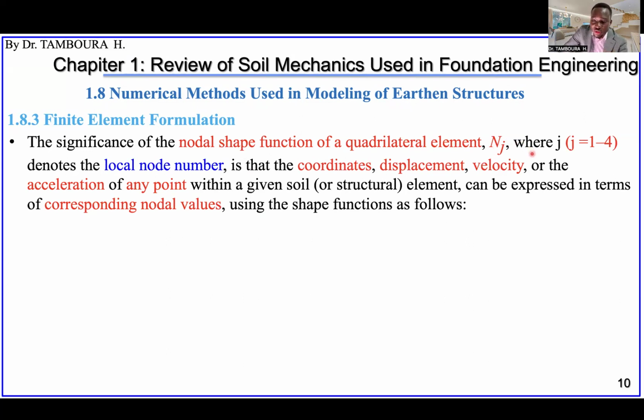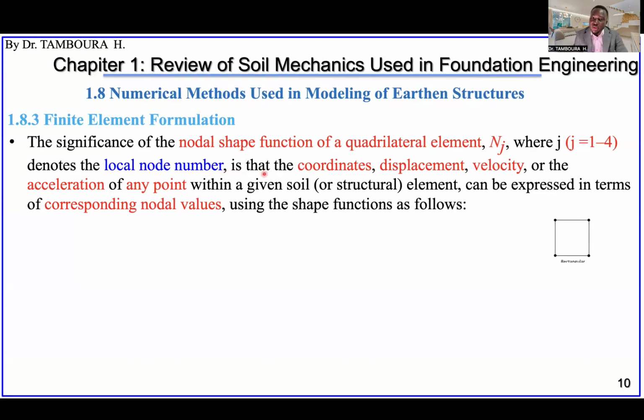If we take this four-node element, nodes 1, 2, 3, 4, this N_j, with j from 1 to 4, is for this rectangle, the number of nodes.